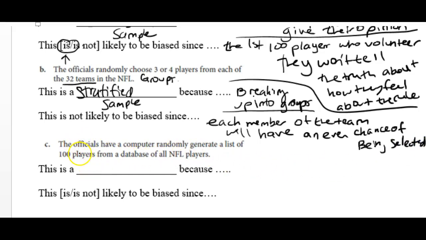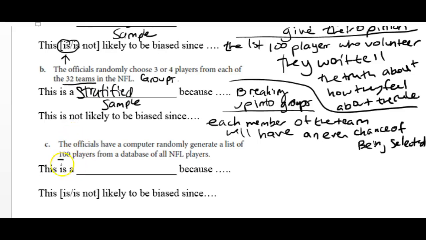On the last one, it says for part C, officials have a computer randomly generate a list of 100 players from the database of NFL players. So they're not going to break them into groups. They're just going to put all their names in the computer and have the computer generate a random 100 players. Okay. And then going back to our table, sorry about that, 100 players, random, right?